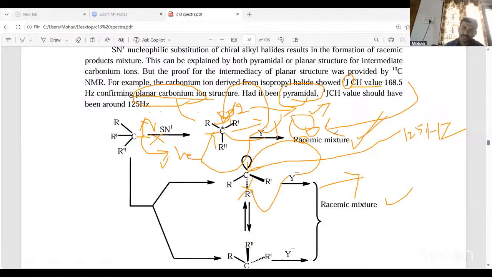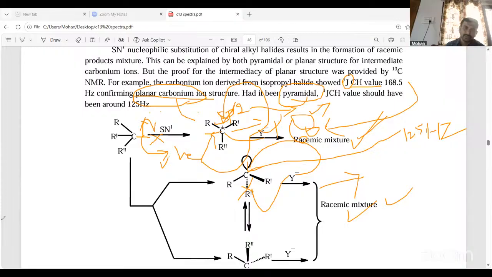But in the planar case you get the retention as well as the inversion of configuration, right? So both possibilities you get here. If it is attacking from the front side, then you get the retention of configuration. If it is coming from the backside, then the inversion, we call the Walden inversion, takes place, then the inversion of configuration takes place here.